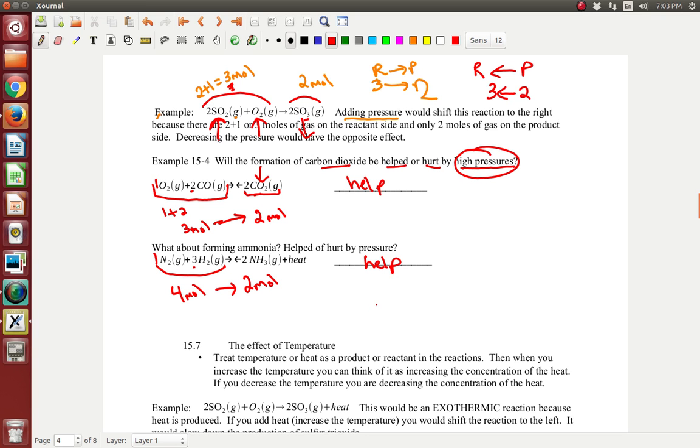So what if I decrease the pressure? If I lower the pressure, it will shift from the 2 to the 4. So that means I'm going to take this stuff and turn it into the other things. Lowering the pressure would hurt this reaction. I would create less gas.